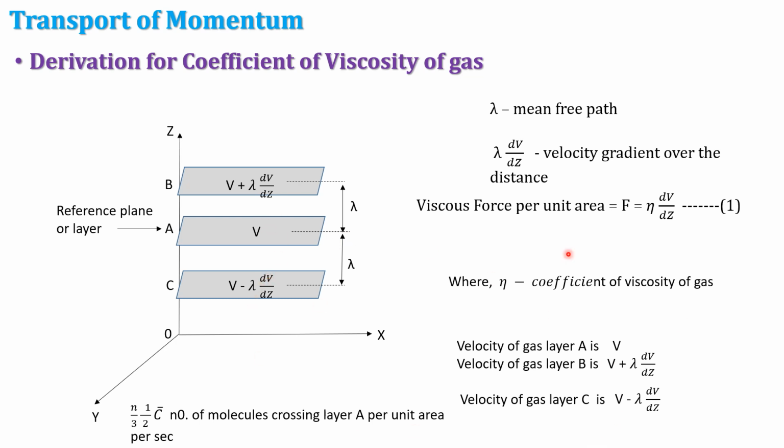Here we calculate the momentum carried by the molecule from B towards the layer A in the downward direction, and similarly the momentum carried by the molecule from C towards the layer A in the upward direction.